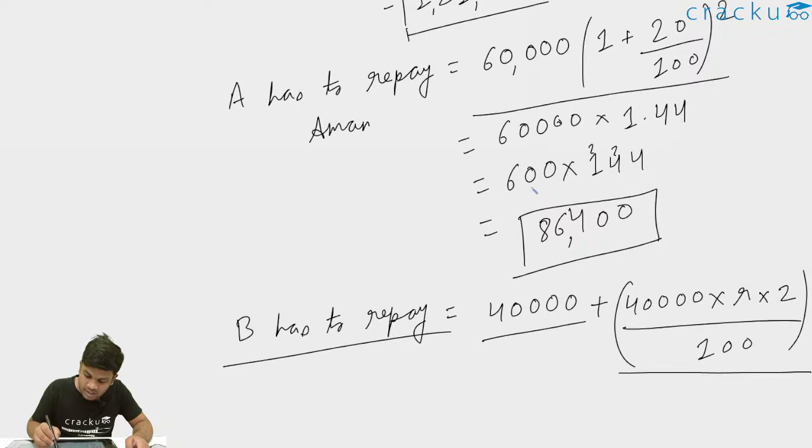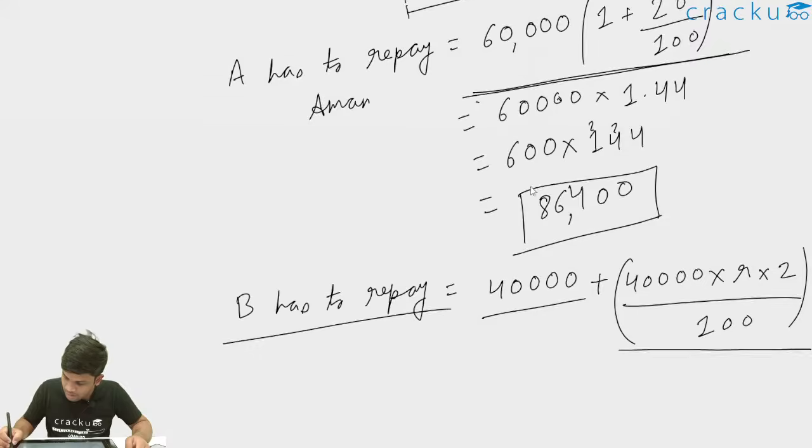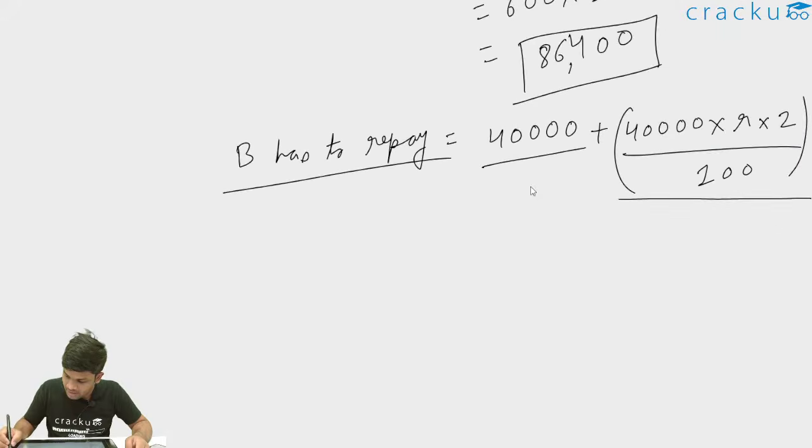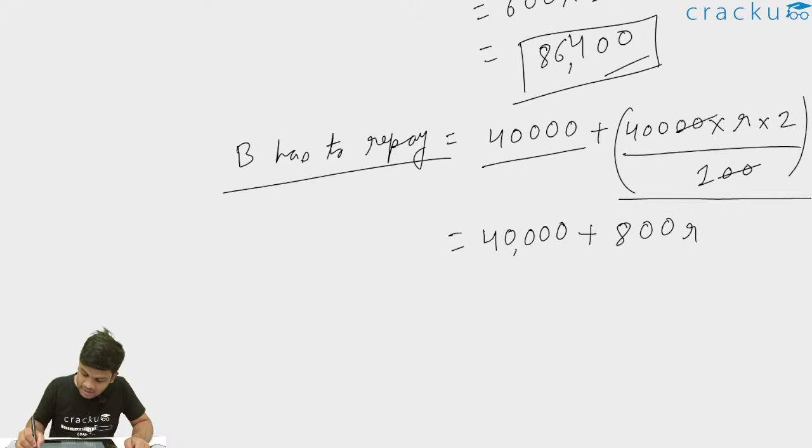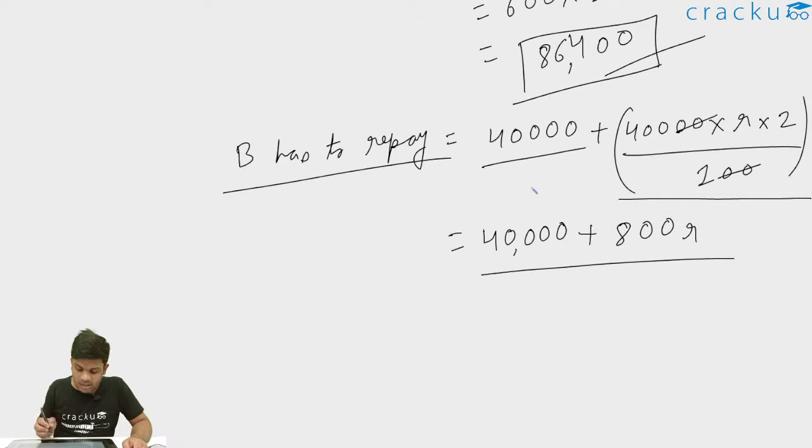In compound interest, the entire principal plus interest is given by the same formula. You don't have to add or subtract anything to find the total amount in compound interest. So the amount that B has to repay is 40,000 plus this part. So these will cancel out. So it is 40,000 plus 400 into 2 is 800R. So total money that Aman will get back is 86,400 plus this amount.